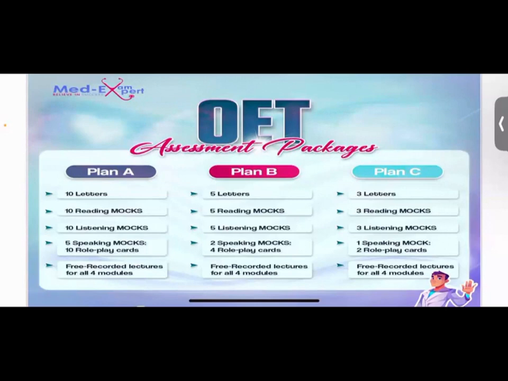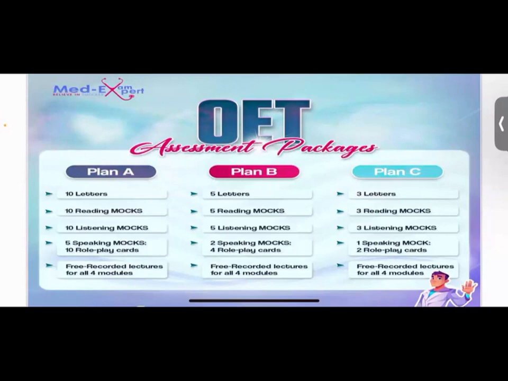Then if you think you are a little bit better than those who are going to follow plan A, plan B is for you: 5 letters, 5 reading mocks, 5 listening mocks, 2 speaking mocks, and free recorded lectures of all 4 modules.